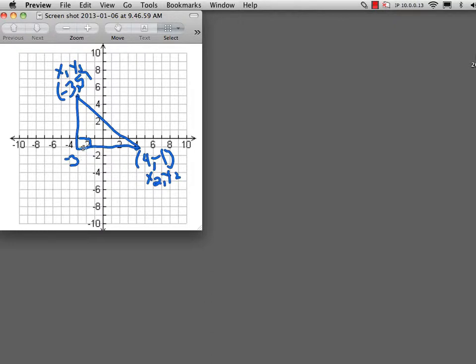This point would be -3 and -1. And for a quick review, the Pythagorean theorem tells us that if we take the lengths of the legs, label one leg A and square it, plus B squared, it equals C squared.